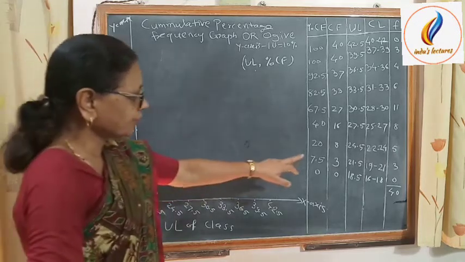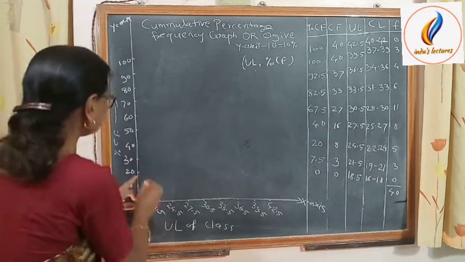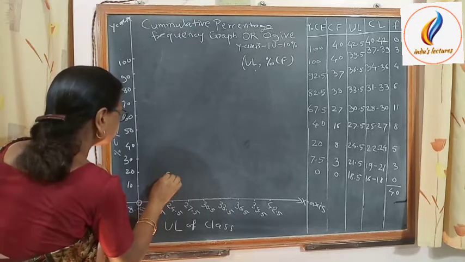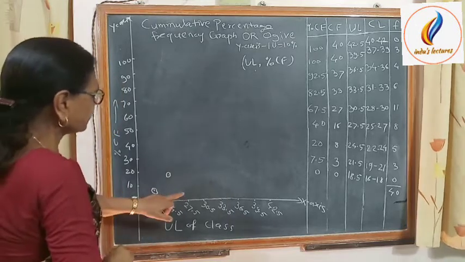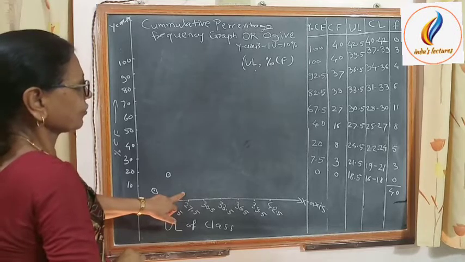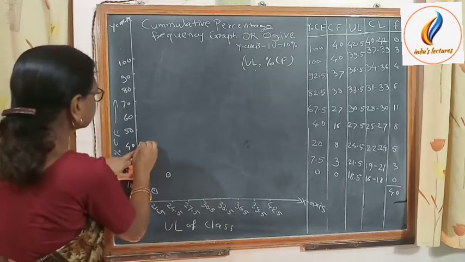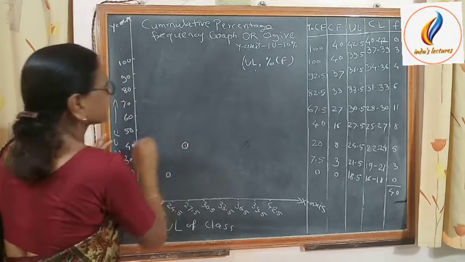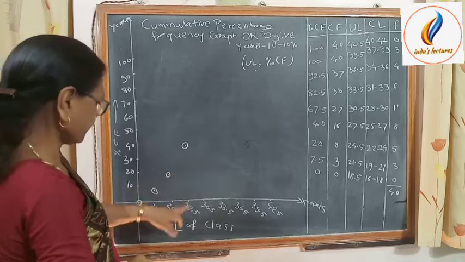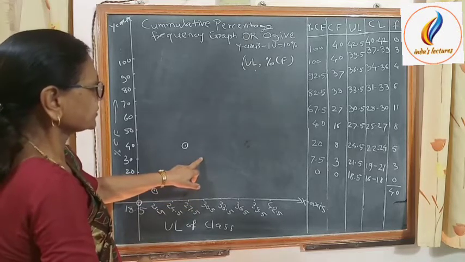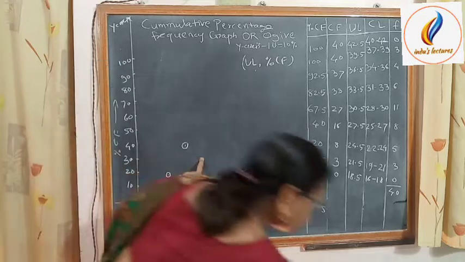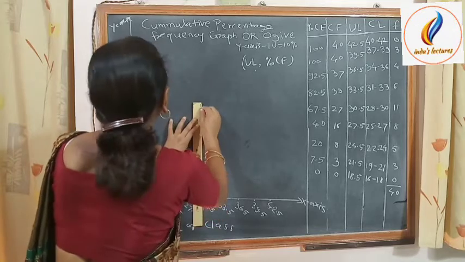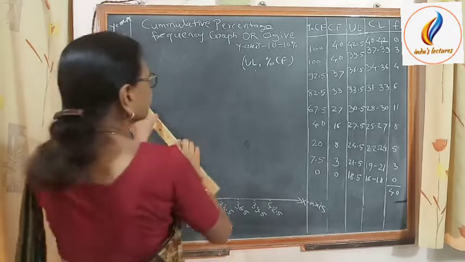Then 24.5, 20. The next one is 27.5, 40. The next one is 30.5, 67.5.